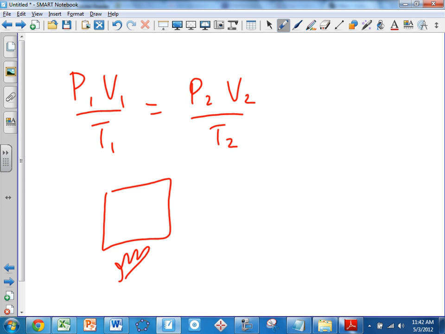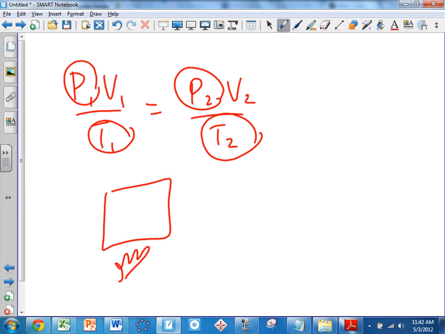It increases. Think about it mathematically. If this number goes from, say, 20 to 50, then the pressure has to also go up from some value to a new value. So if this number increases, for this to remain a constant, this value needs to increase. So this is the formula you need to know. This is your initial, this is your final.